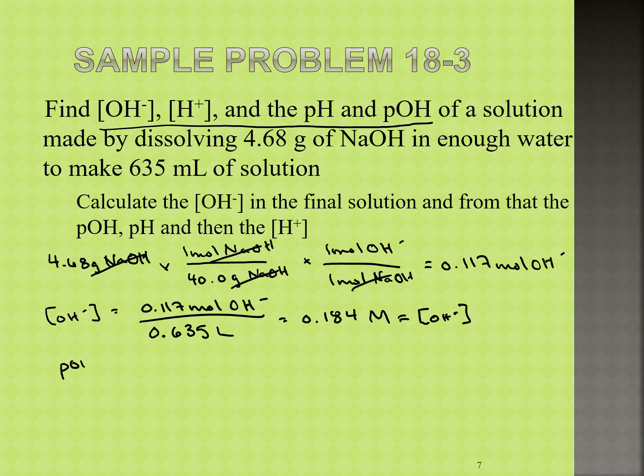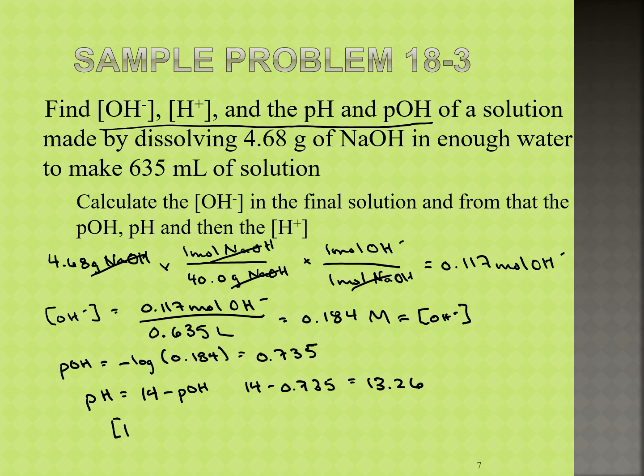We can do the pOH. That's the negative log of that, so the negative log of 0.184 is going to be 0.735. Next, I'm going to find the pH. The pH is equal to 14 minus the pOH. So 14 minus 0.735, and we end up with 13.26.